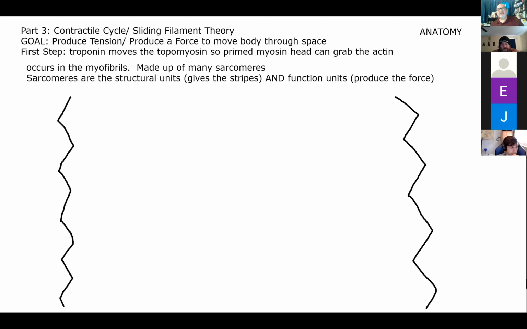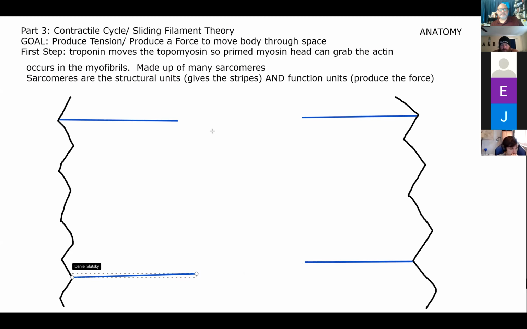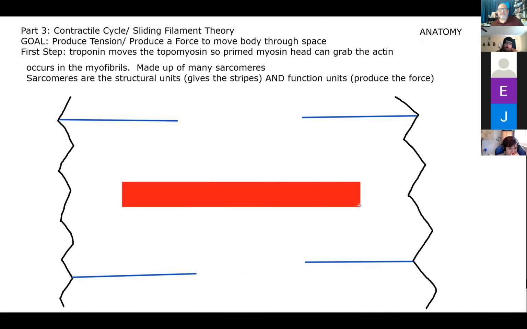We know connected to those Z discs are going to be our actin filaments. So we'll put an actin filament there, and an actin filament here, and another actin filament here, and another actin filament there. We know between them, we have our myosin filament, that thick filament. And we know that the myosin filament has those myosin heads.